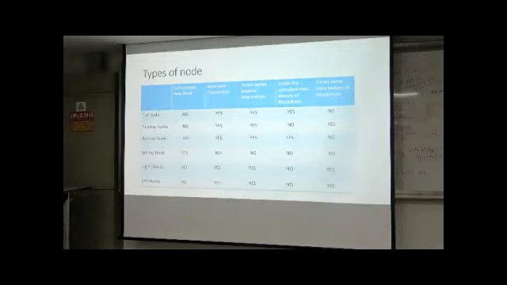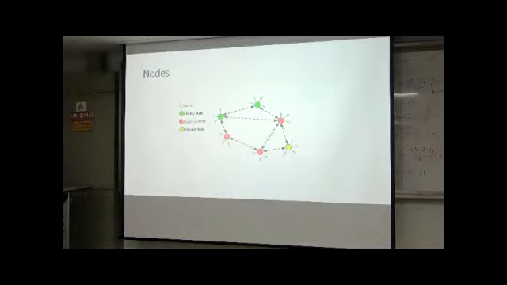And finally, the simplified payment verification node, which is similar to light client or light nodes, with almost everything the same. So in today's presentation, let's think of it like we have 4 types of nodes.